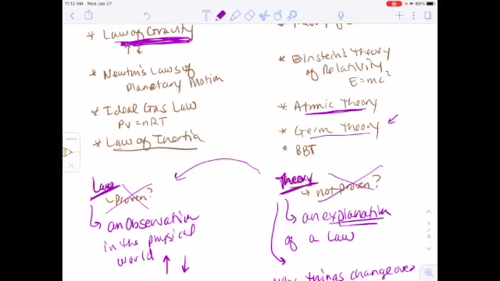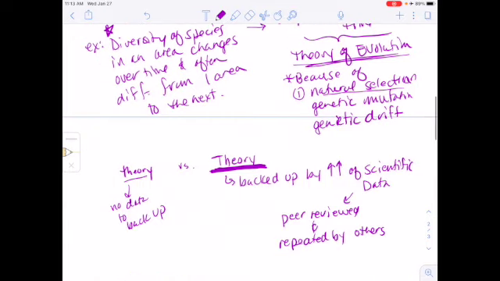Atomic theory states that matter is made up of small things called atoms, and that those atoms have electrons and neutrons and protons inside of them. No one has seen a proton, but we have tremendous evidence that backs this up.